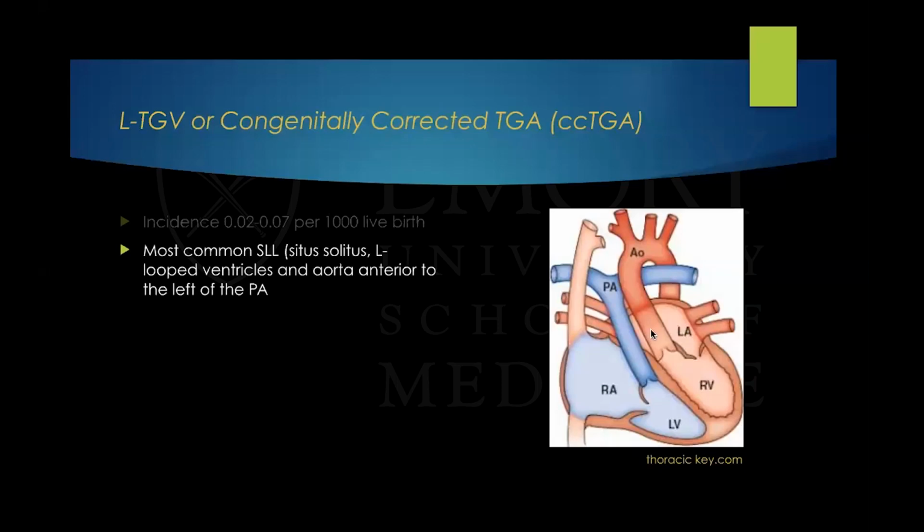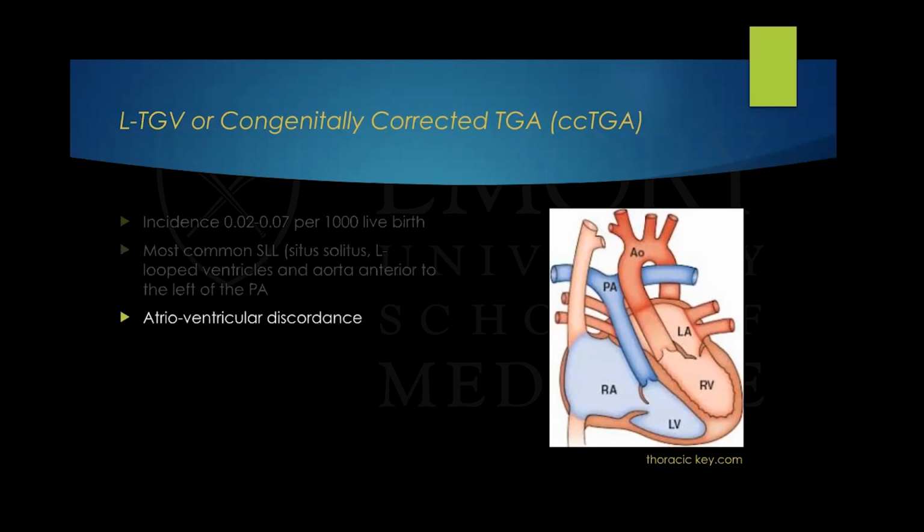That means that the left atrium is on the left, the right atrium is on the right. There is an L-loop of the ventricles, so the left ventricle is now on the right and the right ventricle is on the left. And there is transposition of the great vessels.